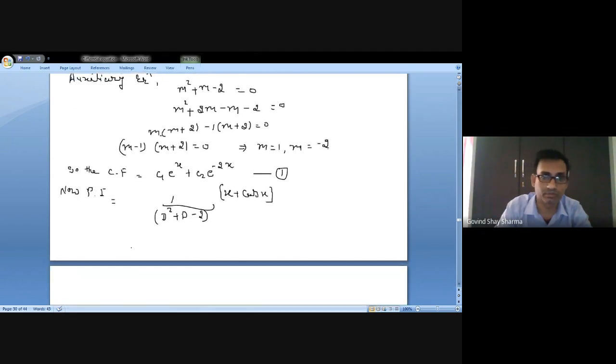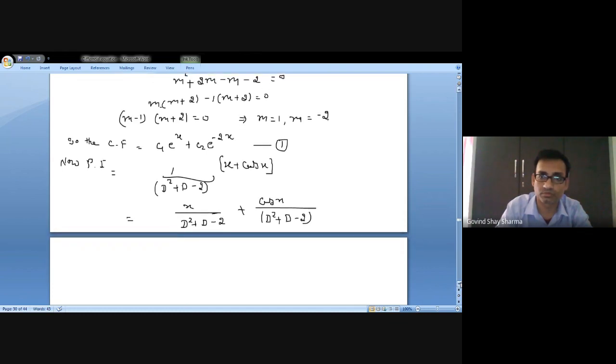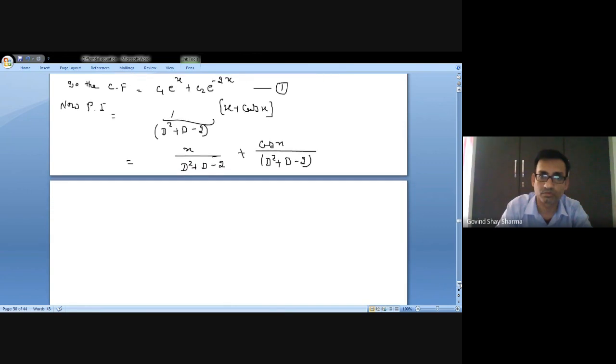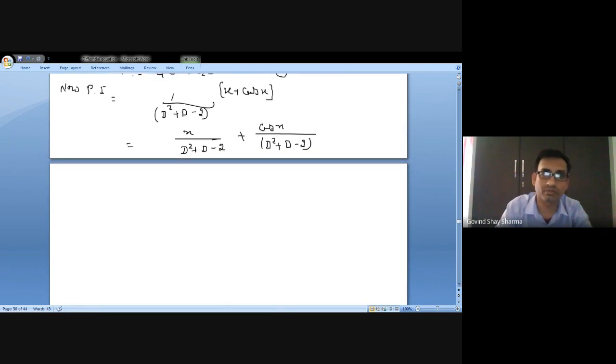It becomes 1 upon D square plus D minus 2 of x plus 1 upon D square plus D minus 2 of cos x. Now this is the case of x to the power m, and this is the case of cos alpha x.